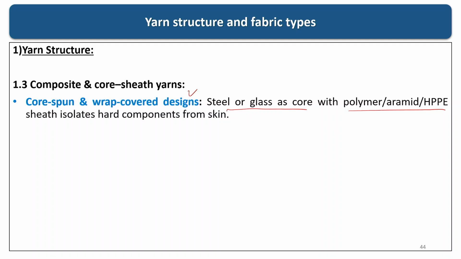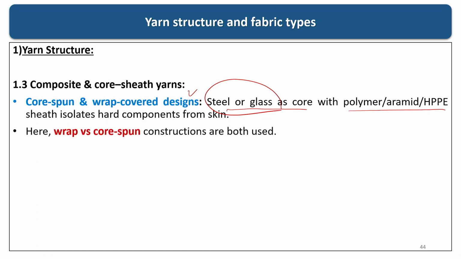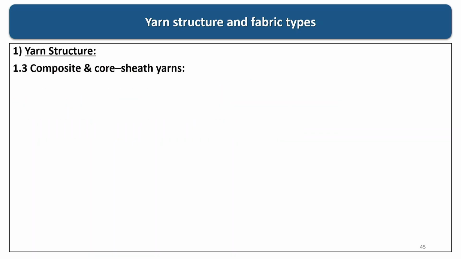In the core we can use a high strength fiber like steel or glass. If it touches our skin, there may be irritation and it may not be comfortable. For that we can use core spun yarn or wrap covered yarn. Wrap or core spun construction are used here.